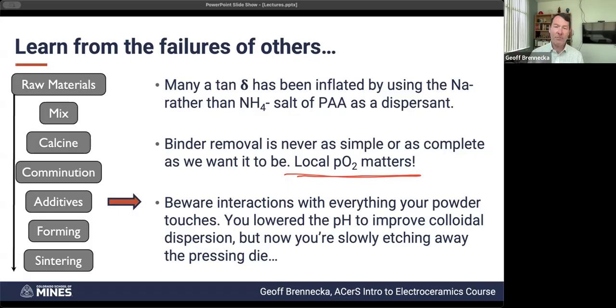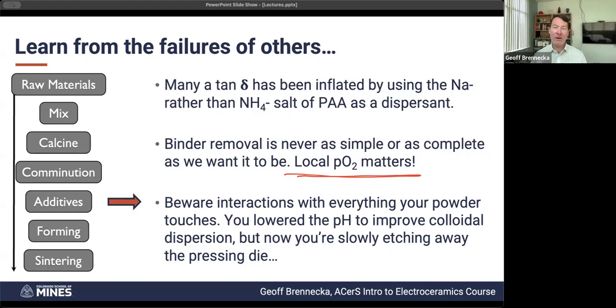And every single time your powder touches something, there's a potential for it to react. So I use this last one as an example where you might lower the pH to help disperse your powder within water, and then you moved on. You're now pressing your sample in a die, but that low pH is increasing the corrosion of your stainless steel die, or whatever the scenario is.